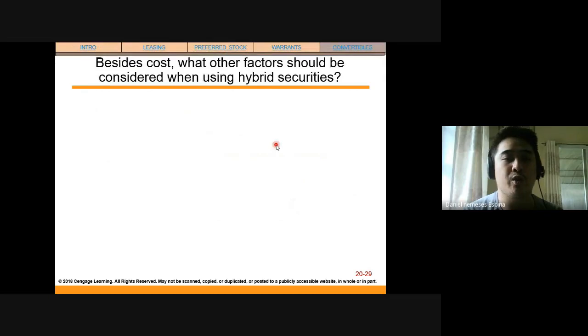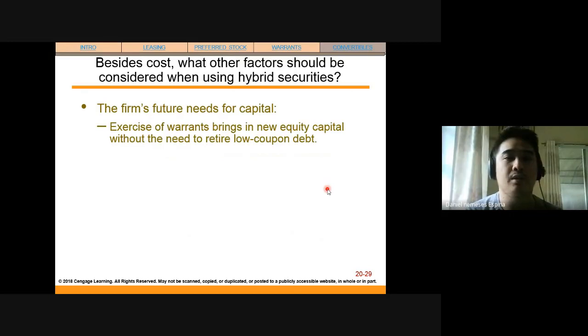So besides cost, what other factors should be considered when using those hybrid securities? First, you have the firm's future needs for capital. If there is a future need for capital, then the exercise of warrants brings in new equity capital without the need to retire the debt.